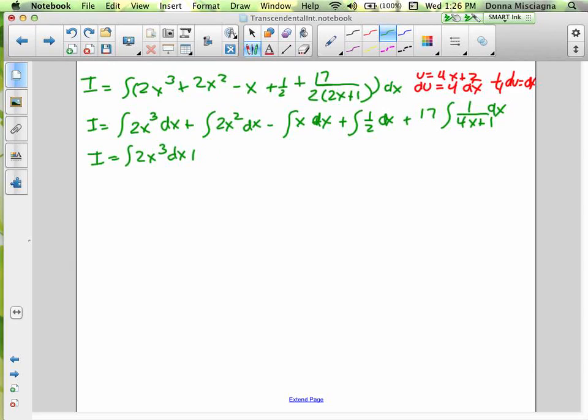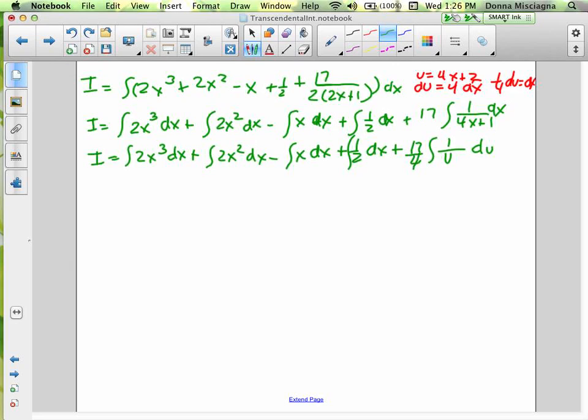Let's just do it all at once. So the 1/4 can come outside the integral, because we need 1/4 du. So we can just factor out that 1/4, no problem. So now we've got 17/4, and then we have 1 over u du.